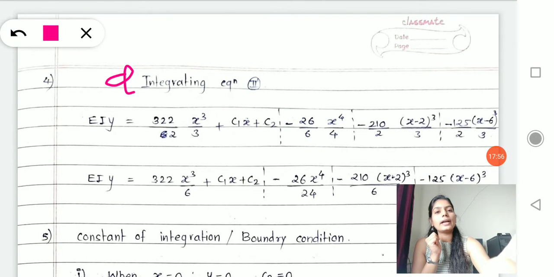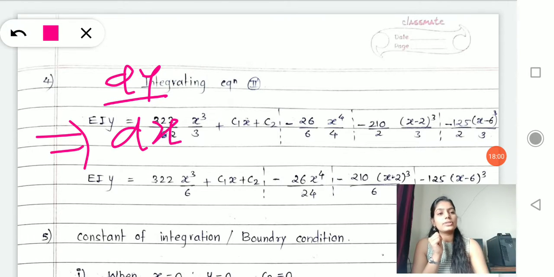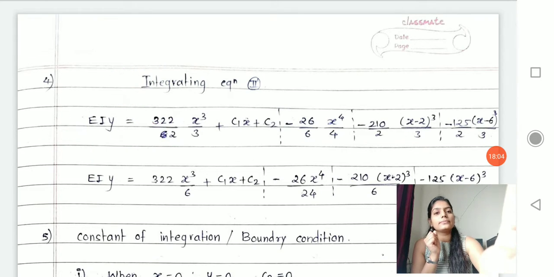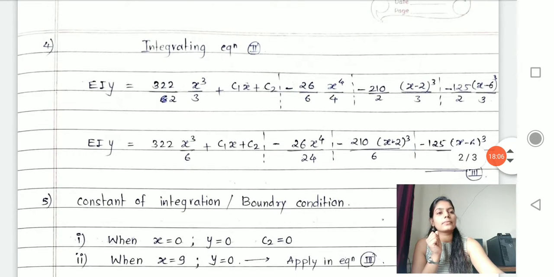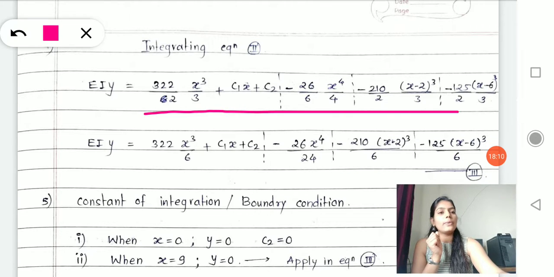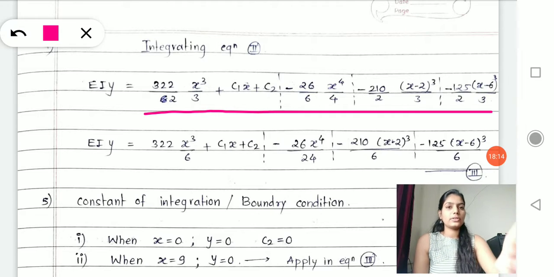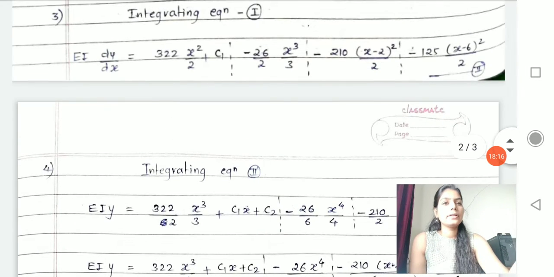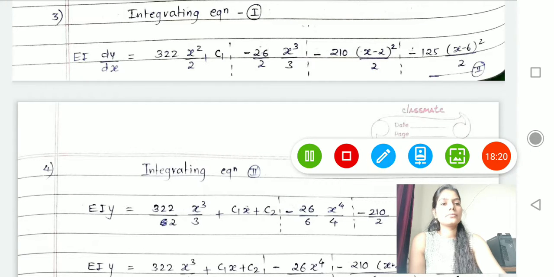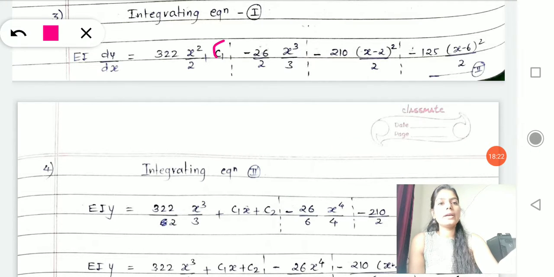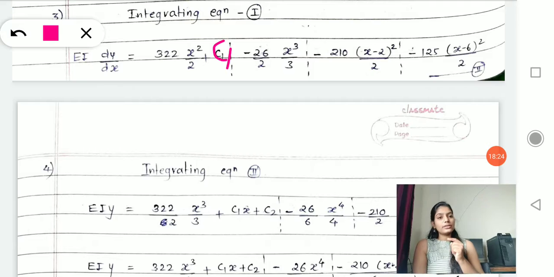Integration of dy by dx will be the new term, which is y, EI into y. Rest of the terms are integrated. Only the new thing added over here is the integration constant. See here, in the earlier equation you have C1, the first integration constant.